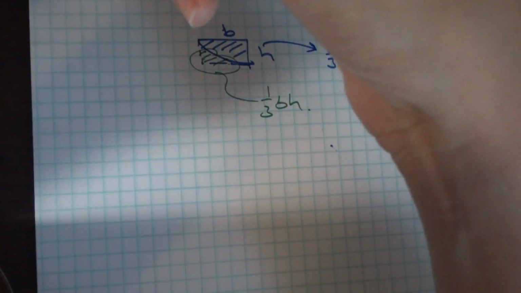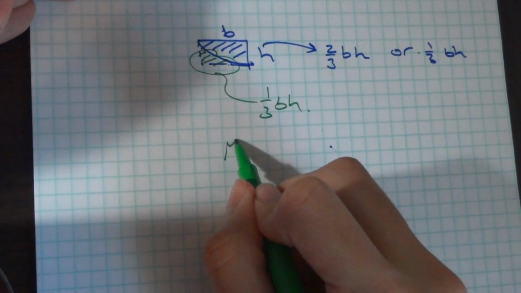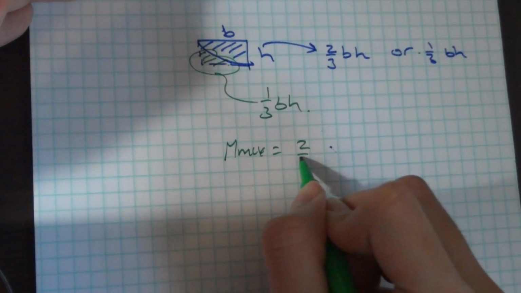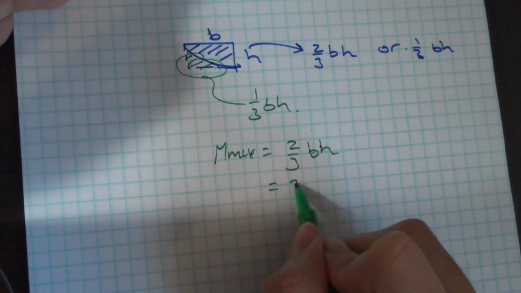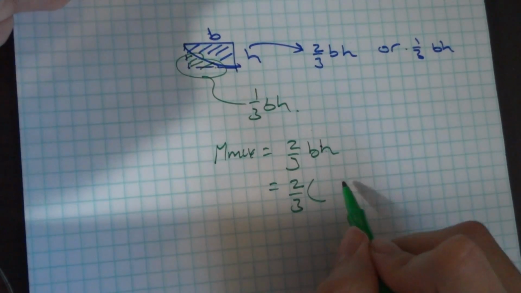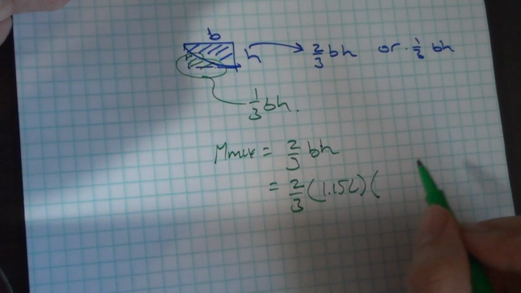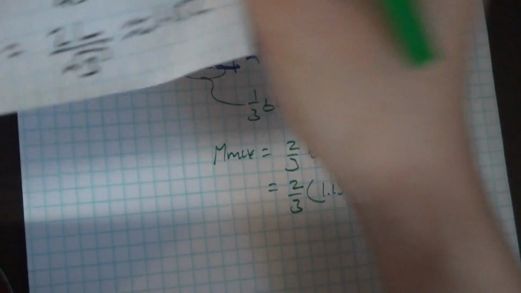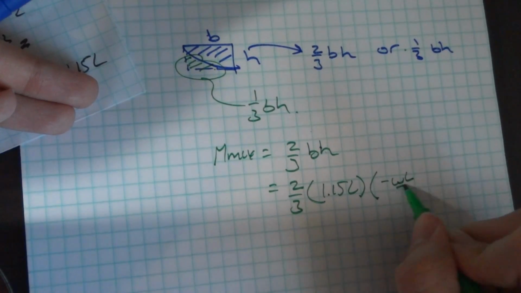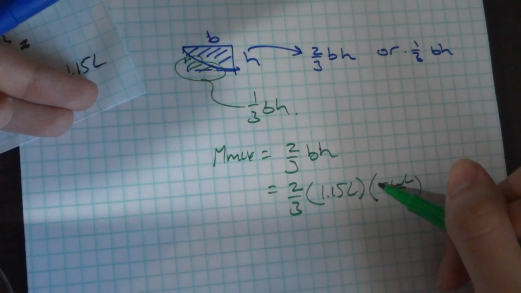So I'm interested in finding my M max. It's going to be equal to 2/3 base times height, which is 2/3 times that 1.15 L times the height, which is just equal to the value of my reaction, right? Negative WL on 3. Sorry, let me ignore the sign here.